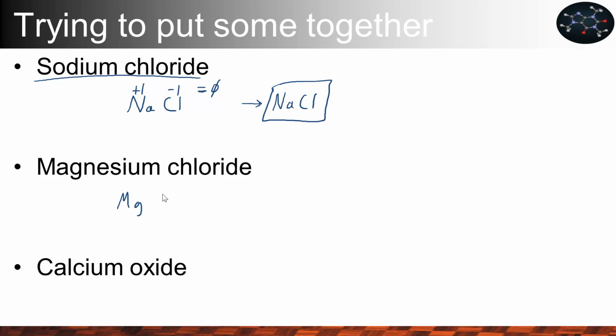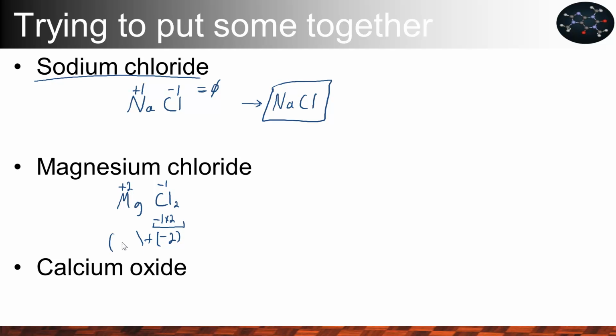Magnesium chloride, a little bit of space. Magnesium is +2 according to where it is on the periodic table. We already said chlorine is -1. So in order for this to work out, we're going to need 2 chlorines. So that way we'll have a total of -1 times 2, of 2 -1 ions, or a -2 charge for the 2 anions that we have.